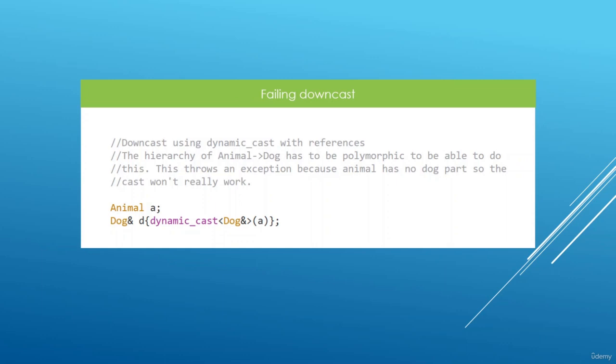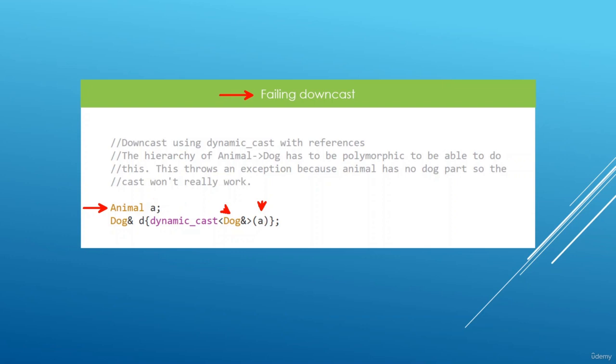Another case where we might get a crash is if we do a downcast of a reference. For example, here we have our animal inheritance hierarchy, and the dog is deriving from animal, but we set up an animal and try to cast this to a dog as a reference. So we're going to take our animal here and try to cast it to a dog. Now, because we have created a base class, we really have no dog information in this object here.